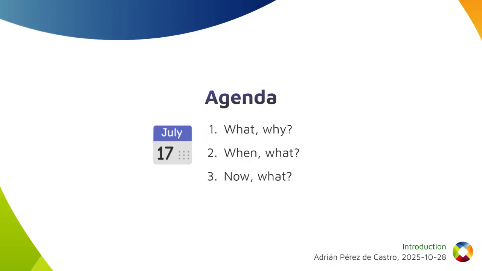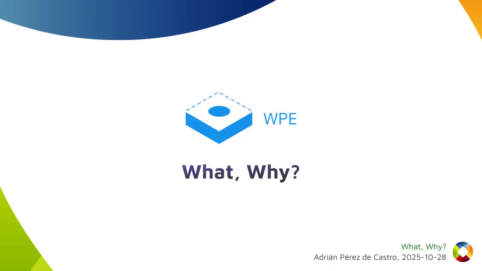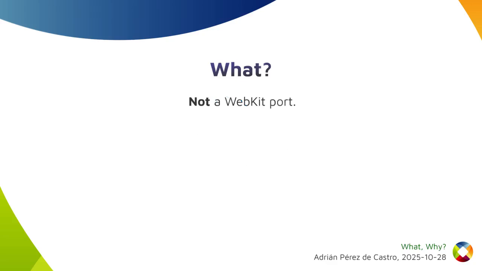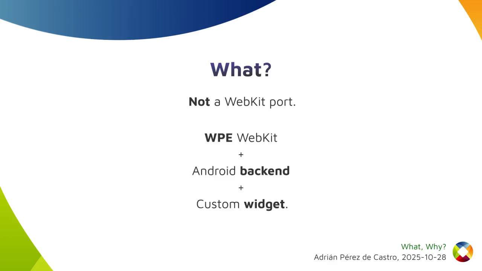So what is WPE Android? I think it's clear, but in case it's not, it is not a new port. We basically picked the WPE WebKit port, wrote an Android backend for it, and then a custom widget that integrates with the widget toolkit available in Android, so one can have a web view that is implemented internally by WPE WebKit.